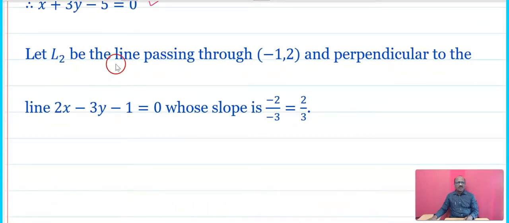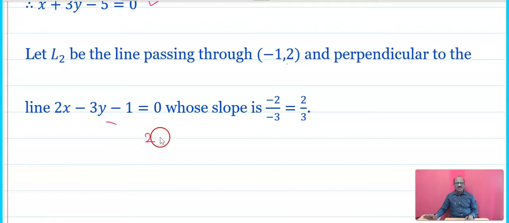Now let L2 be the line passing through this point. Now this line is perpendicular to this line. Again the slope of the line. Instead of finding in this way, you can find out in the form y is equal to mx plus c. I will always suggest this. Now how to write this?